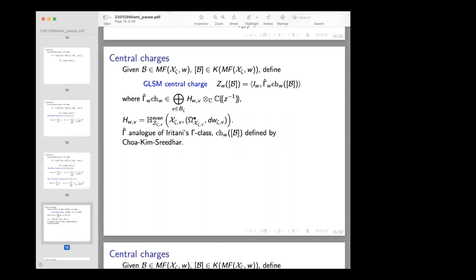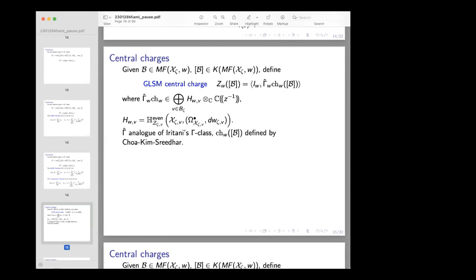The central charge of this matrix factorization is defined by pairing the I function, an element in the hypercohomology twisted de Rham complex by negative the superpotential, with the Chern character, by some gamma hat, which is a generalization or analog of Iritani's gamma class.